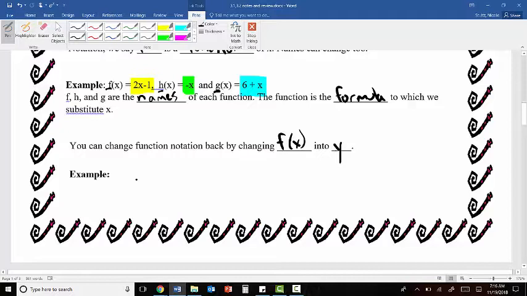So for example, the yellow formula right now says f of x equals 2x minus 1. So if you really wanted, you can just change f of x into y. And there's nothing wrong with doing that.